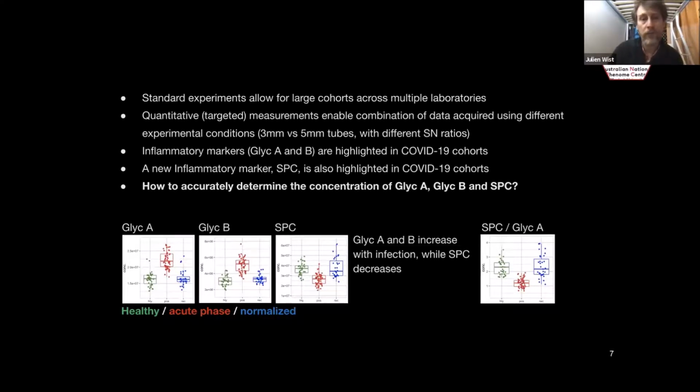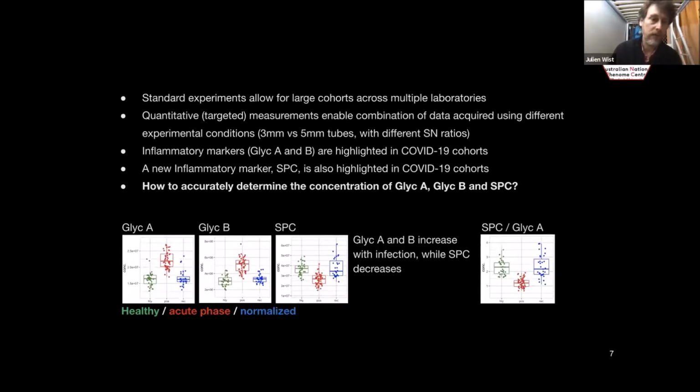I haven't gone into the detail, but we can analyze samples in 3 millimeter tubes, 5 millimeter tubes, according to the variability and the volumes of the samples that we have. And then both the GlycA and GlycB and SPC inflammatory markers are highlighted when we study those COVID cohorts.